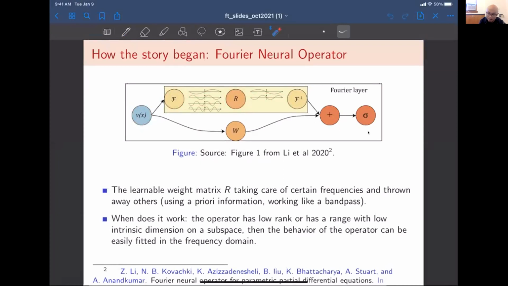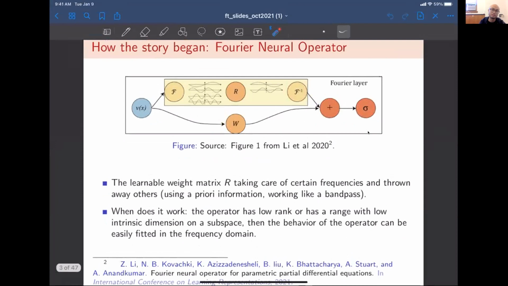And after that, the inverse Fourier transform will combine with this. This one is like a ResNet, this skip connection structure. And after they add together, this is a nonlinearity. So it's pretty much like a ResNet, but the convolution happens in the frequency domain.